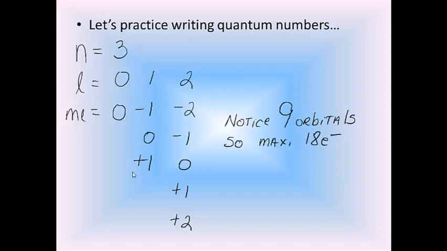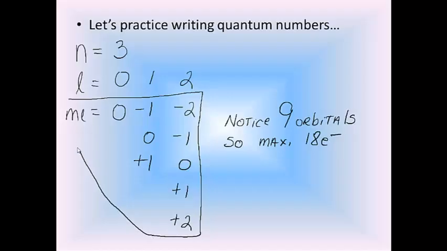All right, notice the long way, there are 9 orbitals. And each orbital can hold 2 electrons, therefore a maximum 18 electrons in the energy level number 3.